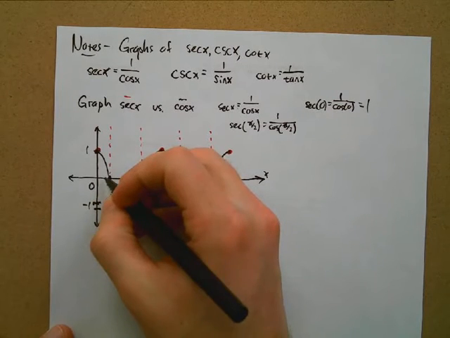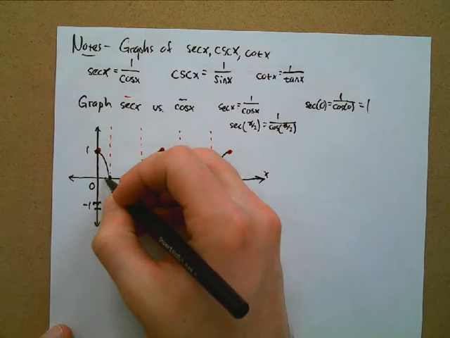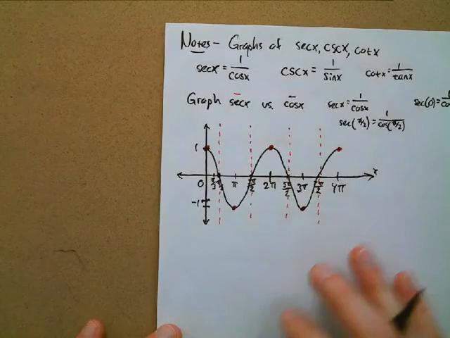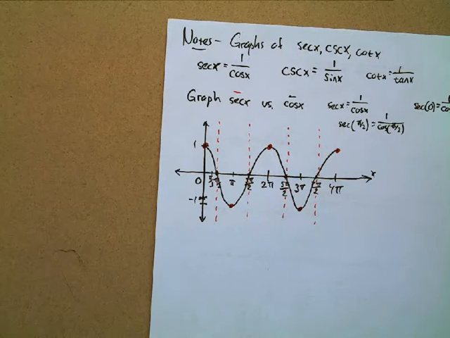Zoom in on that some. If I put in pi over 3, what's cosine of pi over 3? It's 1/2. So then what would secant of pi over 3 have to be? 2, the reciprocal, right? So cosine of pi over 3, if we look here, we can convince ourselves that's about halfway between the 0 and the 1.